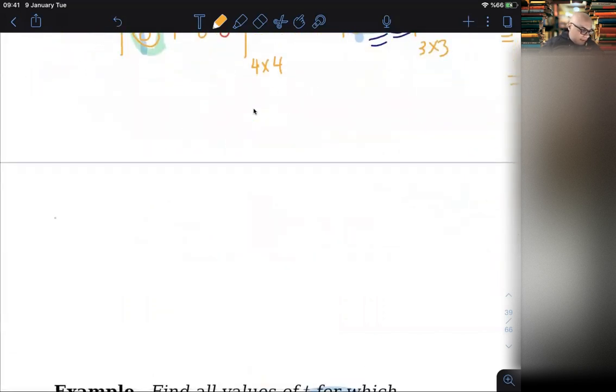Let me give you an example here. Let's say we have this 1, 2, and then minus 2 here, and then this is 0, this is 0, this is 4, and then let's write 1 here, 2 here, and 3 here. Let's look at this 3 by 3 determinant.